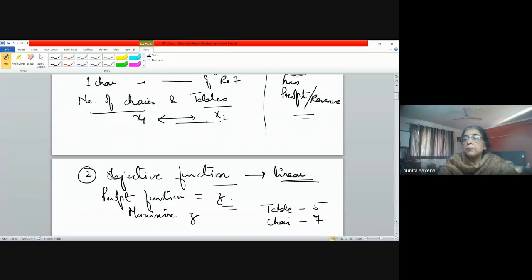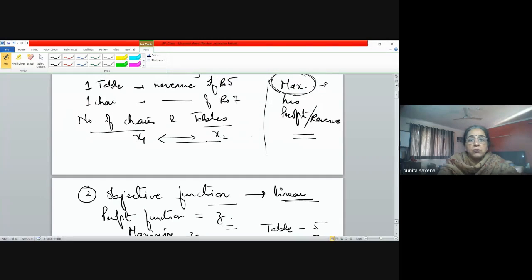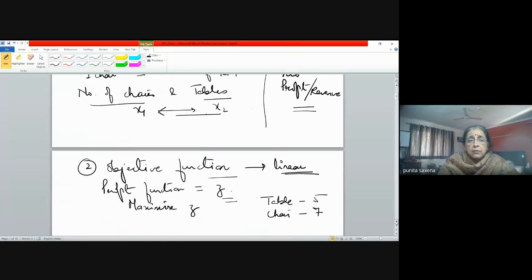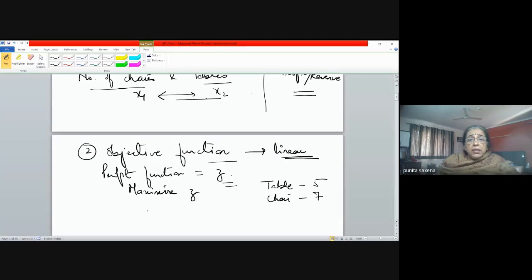That is what I had said, right? So if I have these quantities with me, 5 and 7, then how many tables actually am I making now? X2. So if one table is giving me 5 rupees, how many will X2 tables give me? Obviously 5X2.